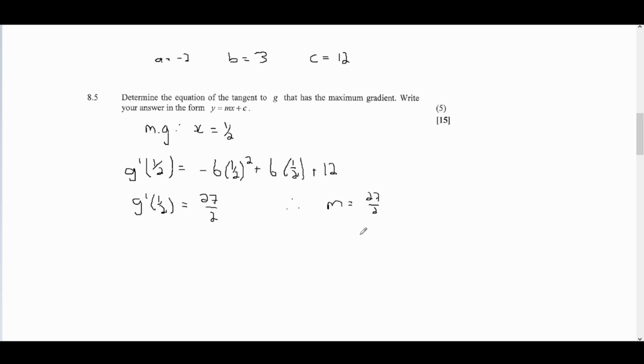We have our x value because we know it's at this point, and so we just need our y value.